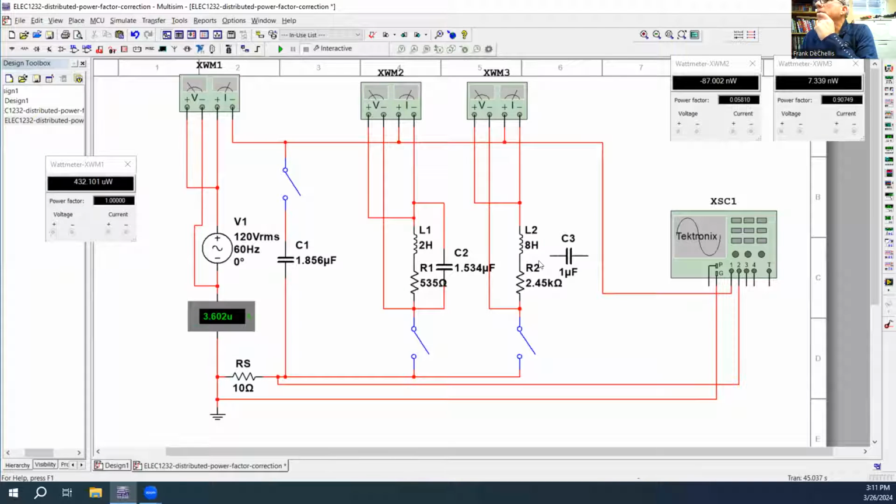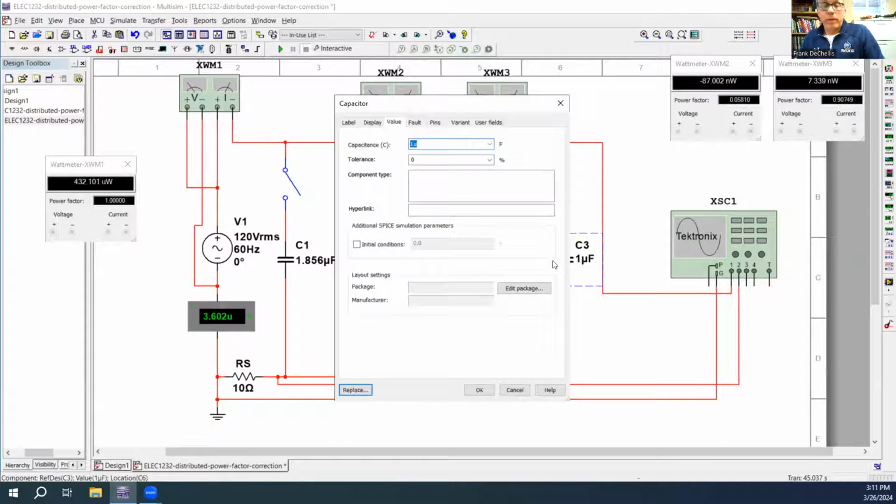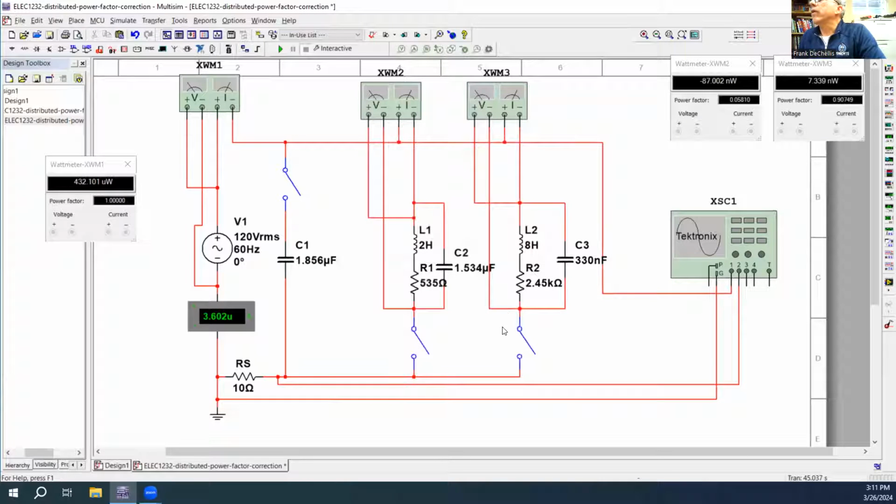All right. We have this. Let's connect it in parallel to the load. The entire load, not just the coil. And then 330 nano. There we go. All right. So both loads are disengaged right now. So let's start the circuit.